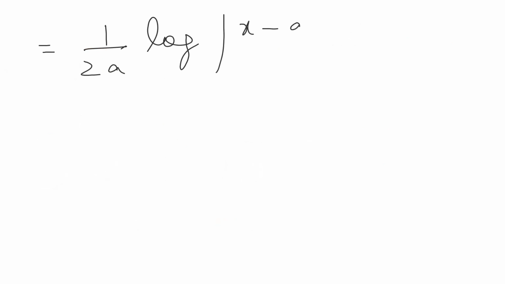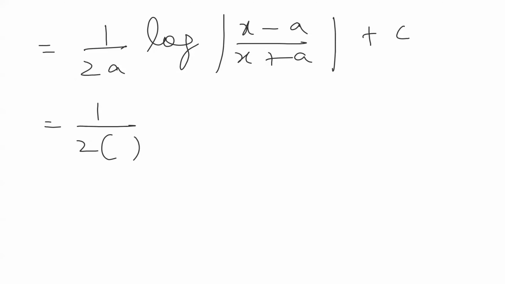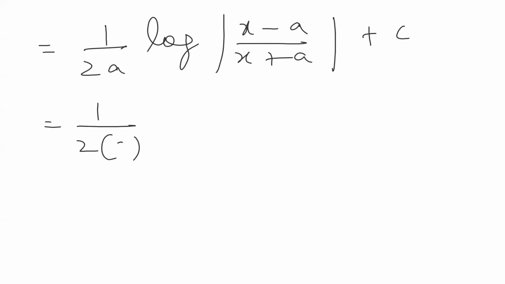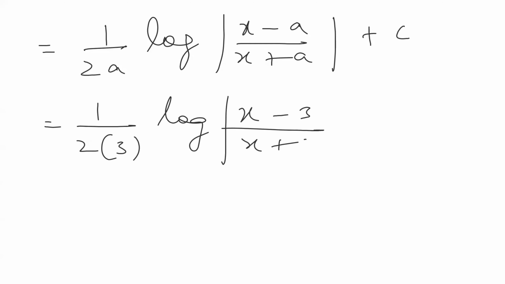Okay, so just write down the formula. 1 upon 2a log modulus x minus a upon x plus a. What is a? a is 3.